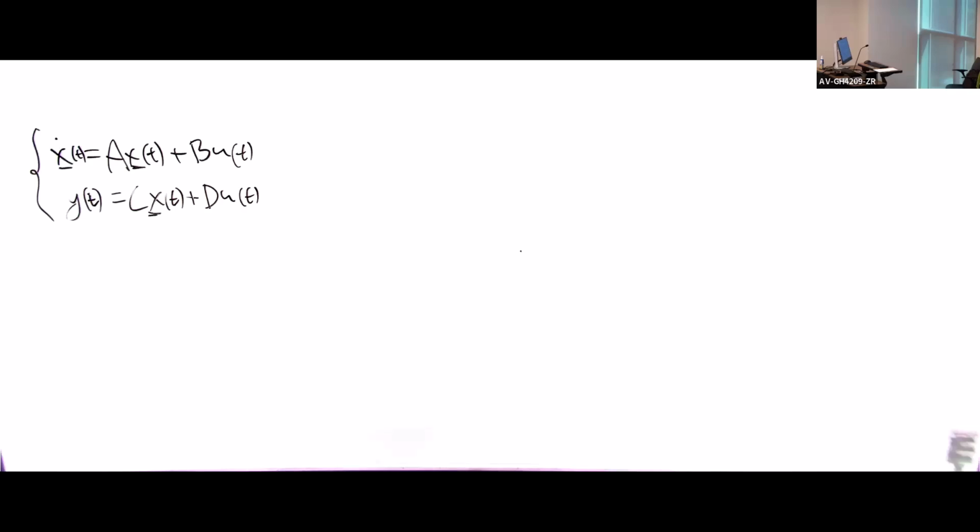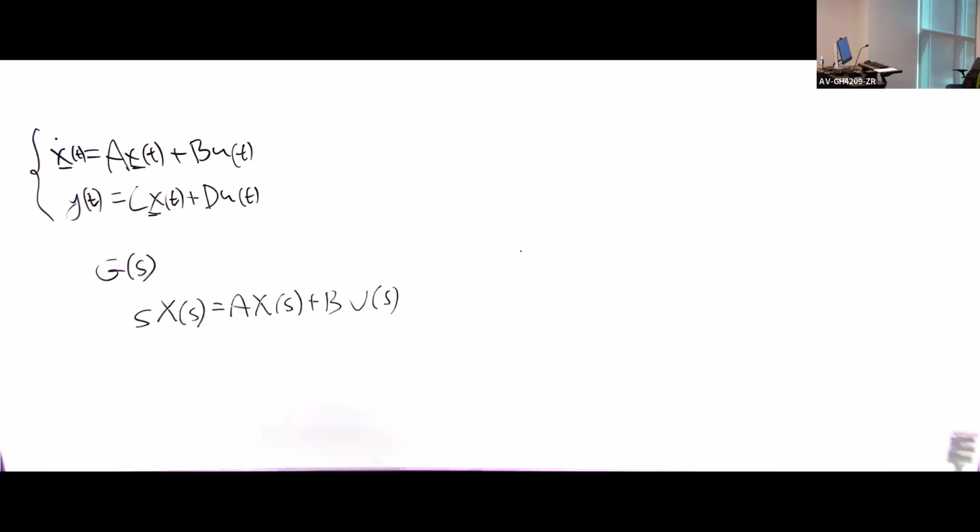So what happens is, to find G of s, which is in the Laplace domain, you do a Laplace transform on this one and this one. A derivative becomes multiplication by s in the Laplace transform. So it's s times X of s equals A X of s plus B U of s. I just did the Laplace transform on both sides.